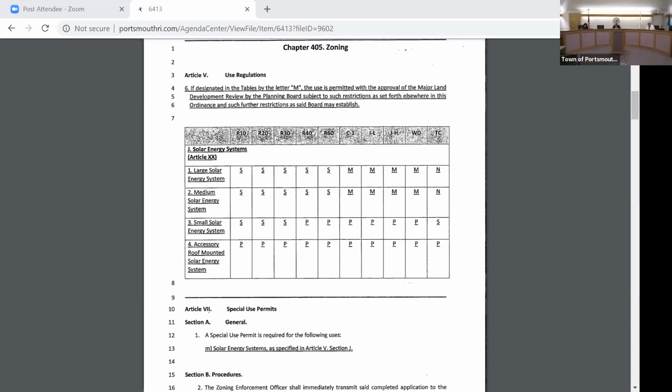I think that this is a good compromise from where we have been with the proposals that have been before us before, and this is a good way to move forward with allowing solar, both accessory uses and industrial uses, into our town. So it's a good thing. Okay. Thank you, Mr. Crosby.